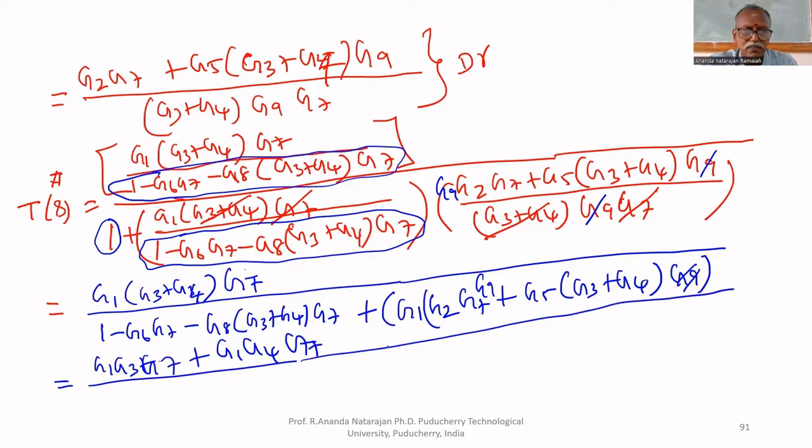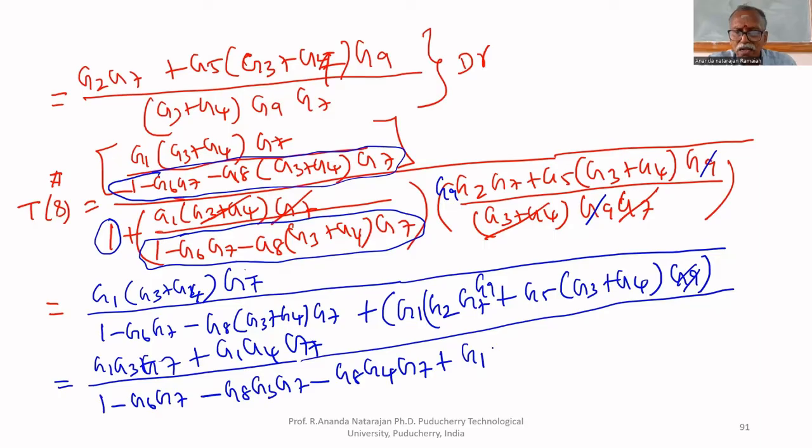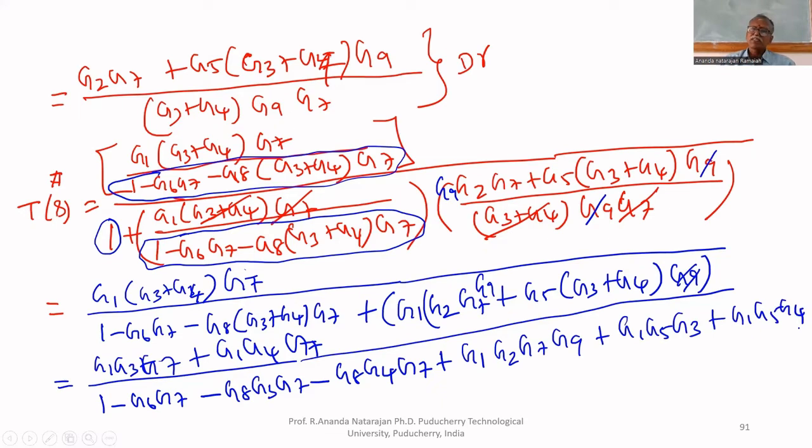Denominator is, we have to find, that is 1 minus G6, G7 minus G8, G3, G7 minus G8, G4, G7 plus G1, G2, G7, G9 plus G1, G5, G3 plus G1, G5, G4. So G9 has to be substituted.